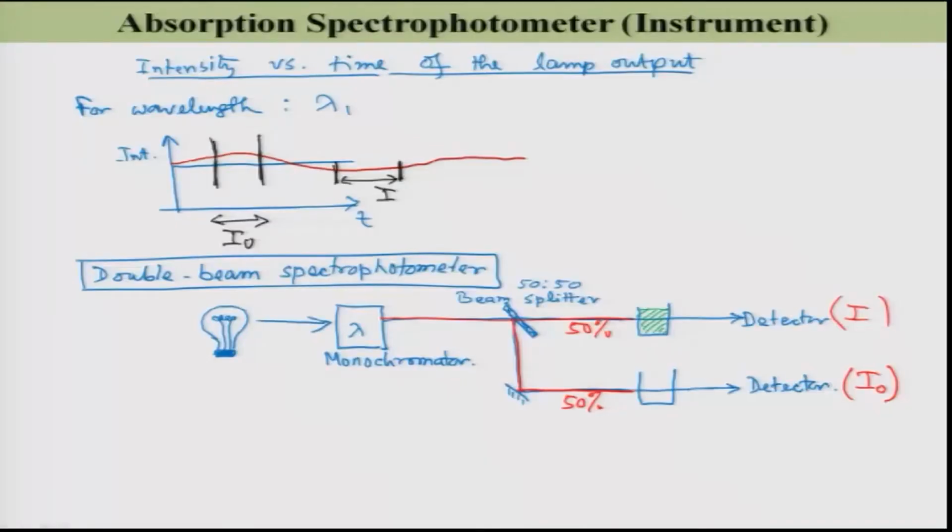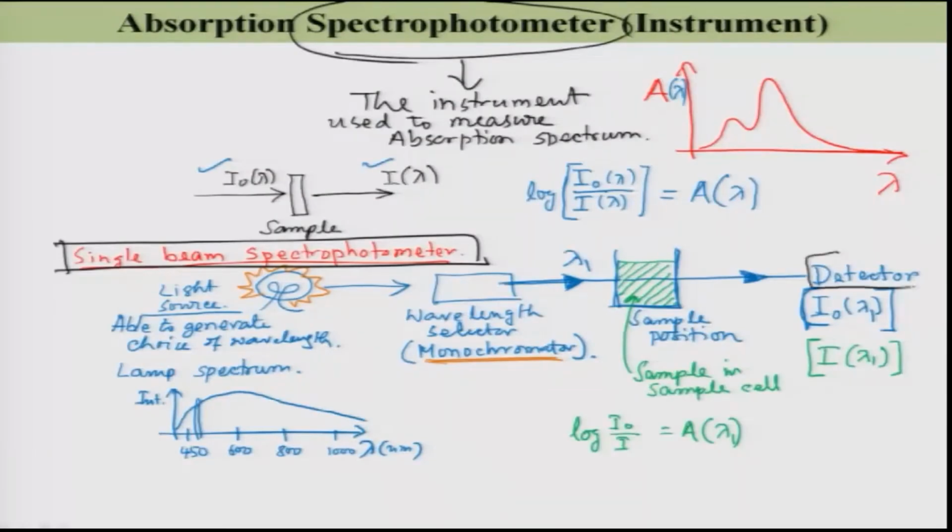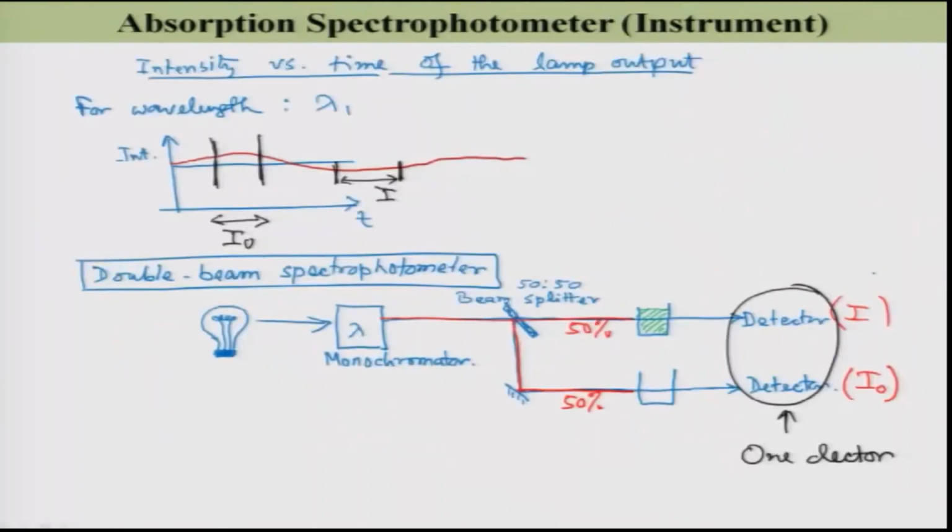So, I have to make a different design so that these two detectors will be replaced by one detector. In this case, with only one detector, what you have seen is that there is a problem of fluctuation in the lamp intensity. So, now people have come up with varieties of designs.